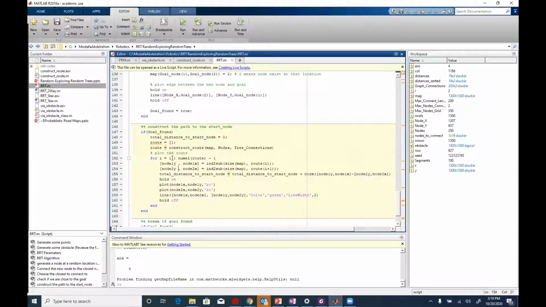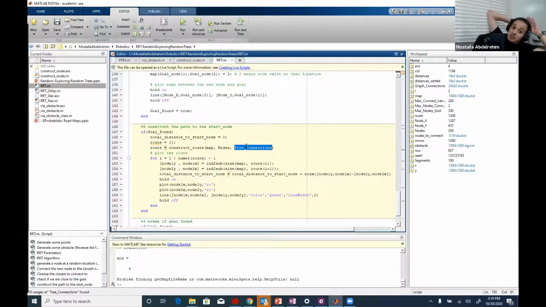In tree connections, professor, that's all the IDs, right? Of the nodes? Yes, it is the ID. But look, you will find it a very big number.